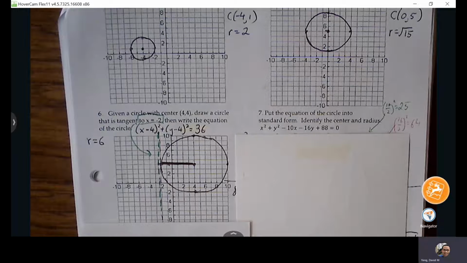Right, number 7, you have an equation that's in general form. So you're going to have to complete the square for both the x's and the y's. So you group the x's together, group the y's together, push the constant over to the other side.